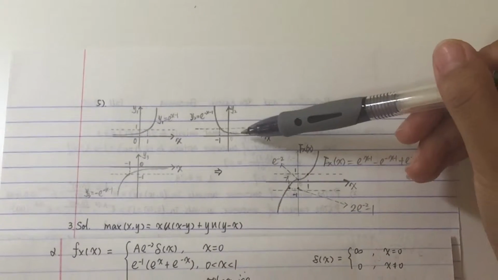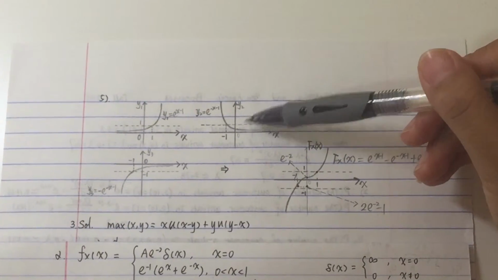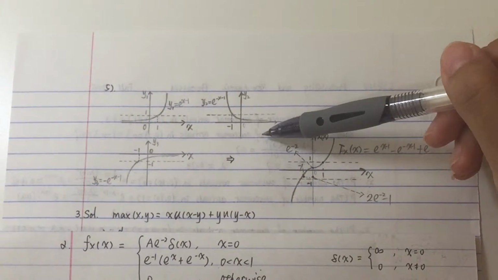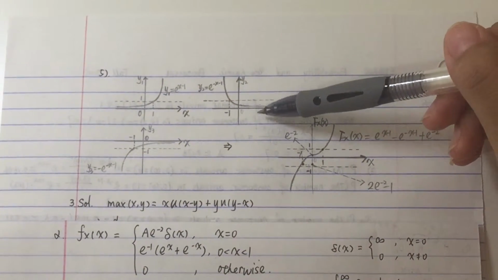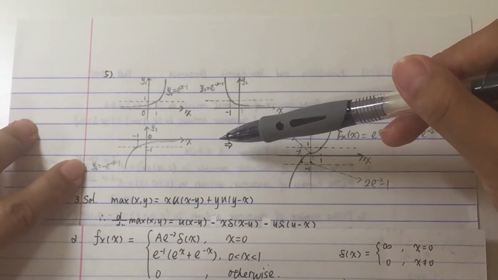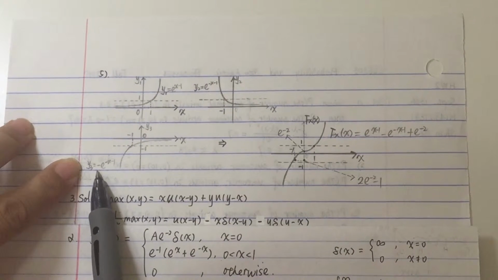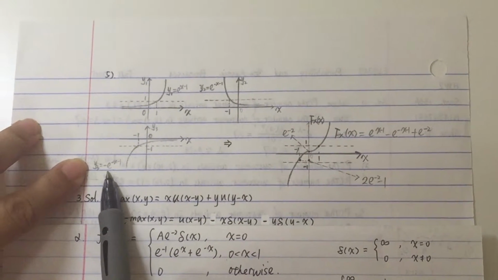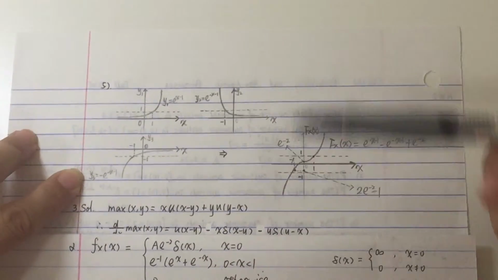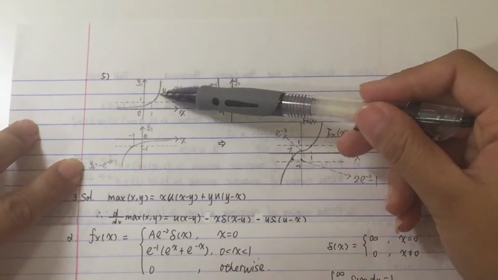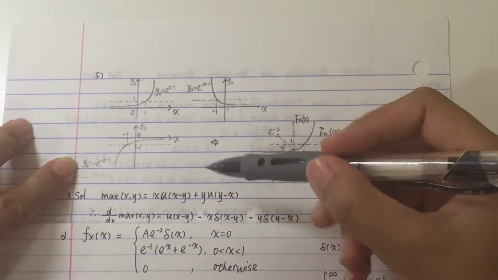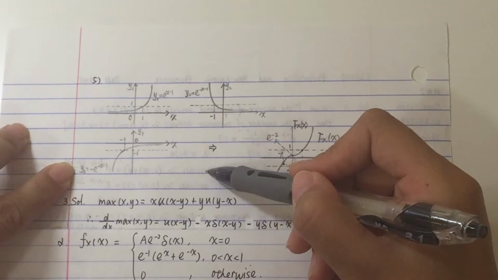And I'd like to turn over this curve about the x axis to get y3 equals minus e to the power minus x minus 1. So the final result is to add these two curves and also the constant e to the power minus 2.